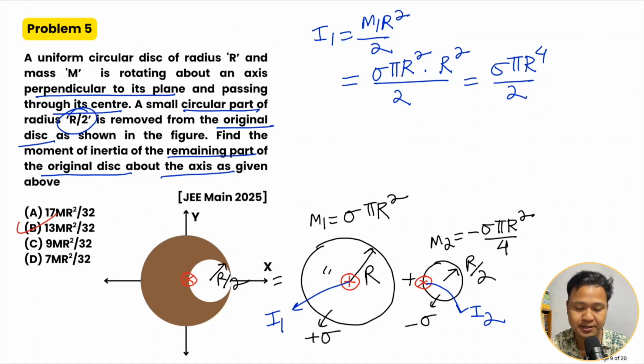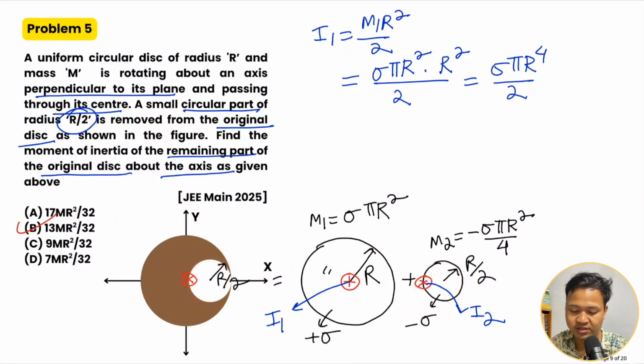That is the method, the process, step by step. Original mass plus negative mass: if I add this negative and plus, it will subtract. So there is a cavity, which we treat as negative mass, minus sigma.